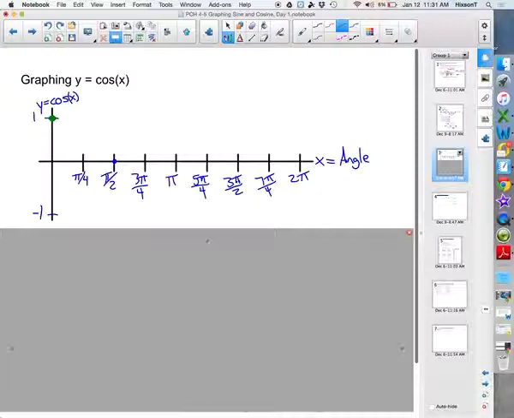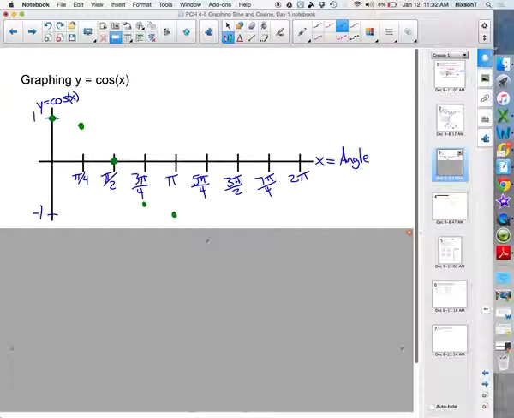Root 2 over 2. So that's 0.707. How about pi over 2? 0. 3 pi over 4? Good. Negative root 2 over 2. Cosine of pi? Negative 1.